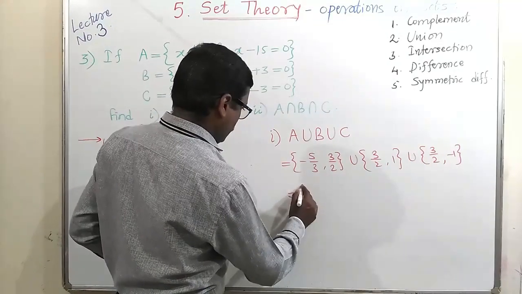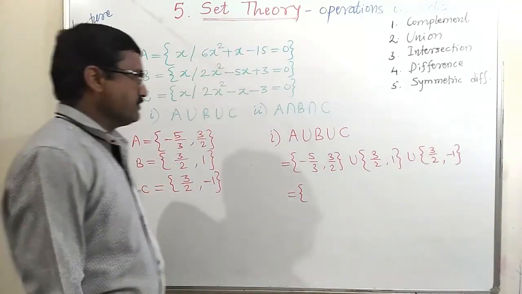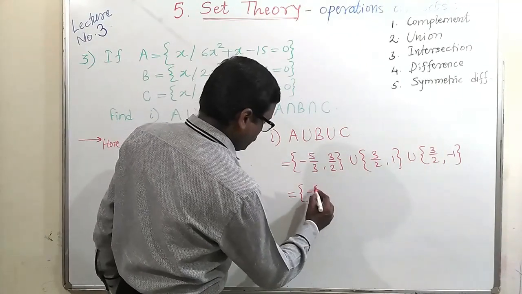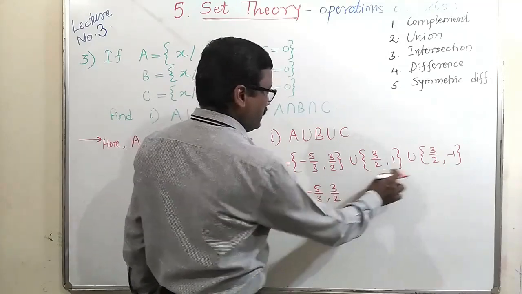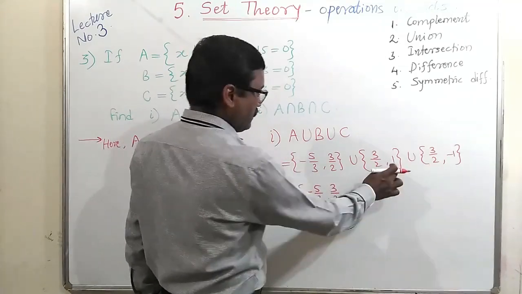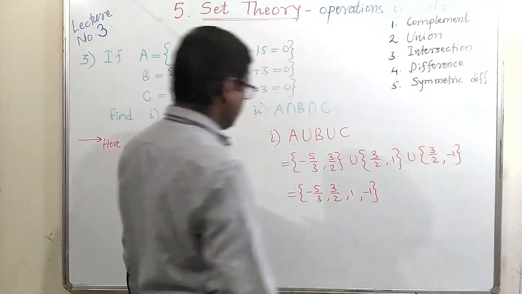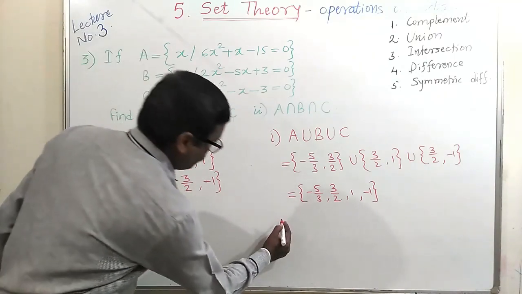So it is equal to, the union means the set containing all the elements which occur at least once. Here minus 5 by 3 occurs once, so it is minus 5 by 3. Then 3 by 2 occurs 3 times, but we write it once. Then plus 1 and minus 1. So this is A union B union C. Let us see the second one.